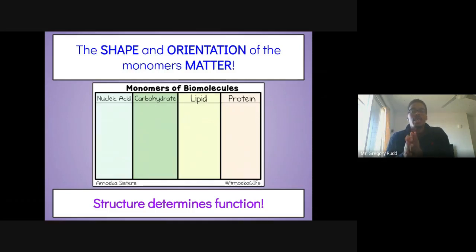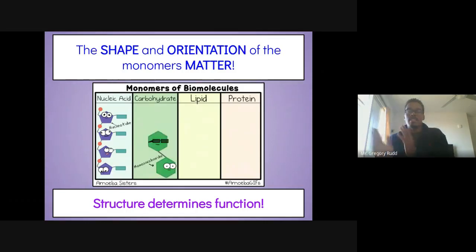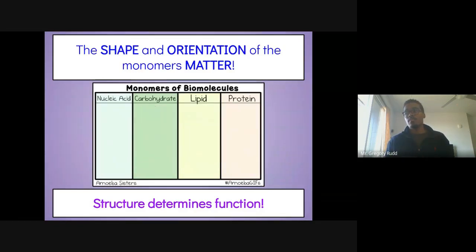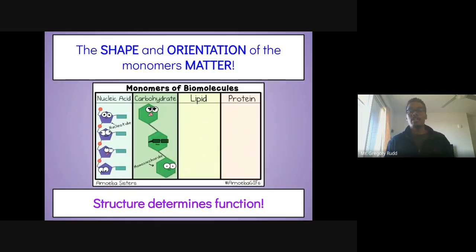If you change the shape, or if you change how things are ordered and placed next to one another, then you're ultimately going to change what that thing does or is able to do. You might even prevent it from doing anything, depending on how you change the shape. It might even be just a small change.